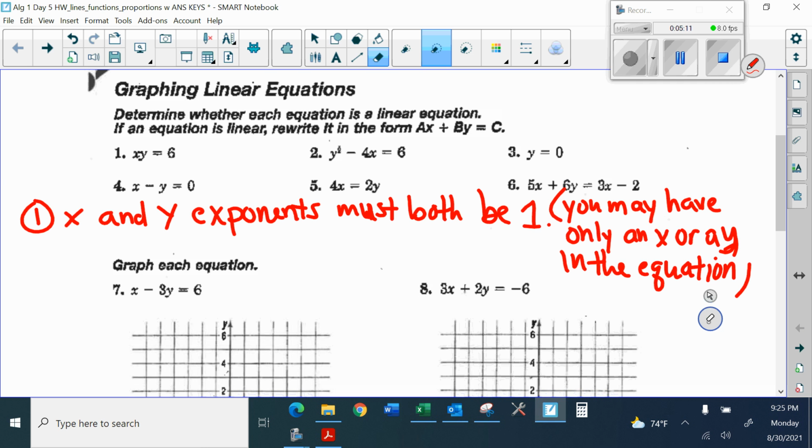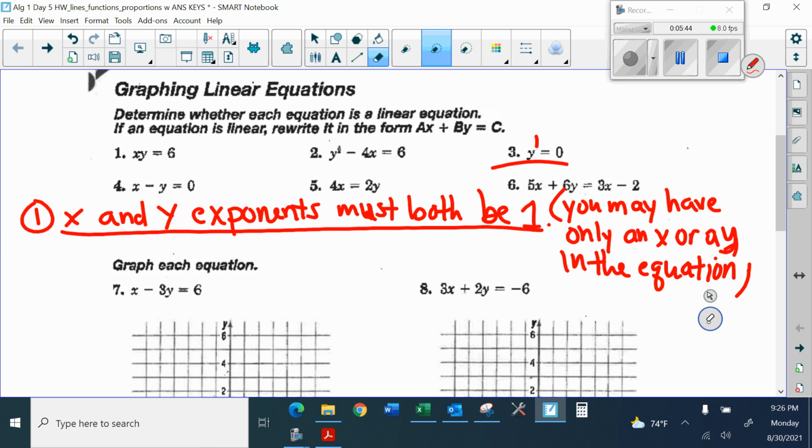Okay, so that means you don't have to have both. You might read this and say, oh, x and y must both be 1, so I must have to have an x or y. No, that's why I have it in parentheses. You may have only an x or a y in the equation. You don't have to have both. We look at number 3, it only has a y. That's the only one that only has 1. Okay, and that exponent on it is a 1. Remember, if there's nothing there, it means it's a 1. So yes, that is a linear equation.